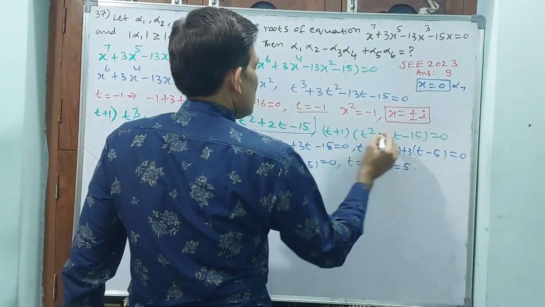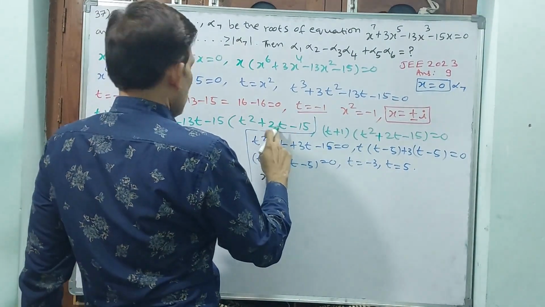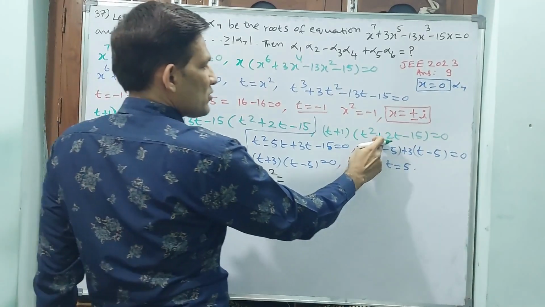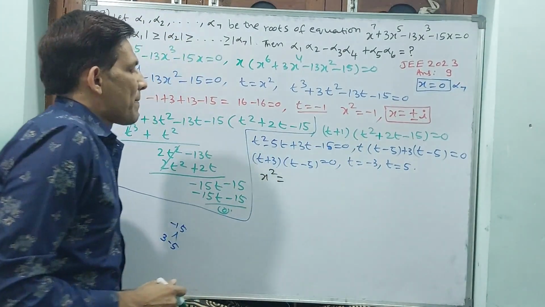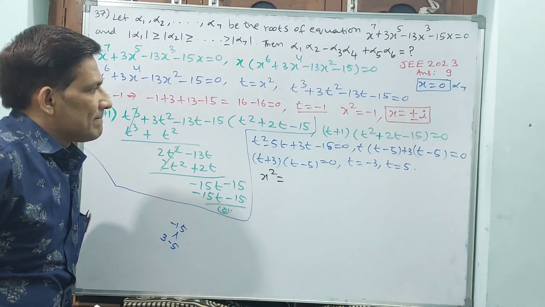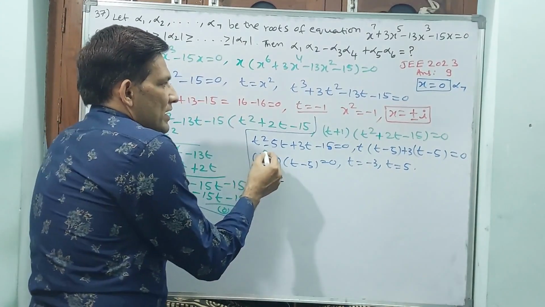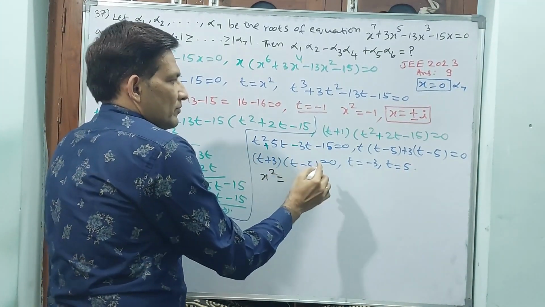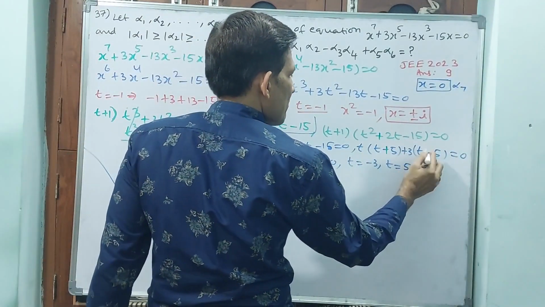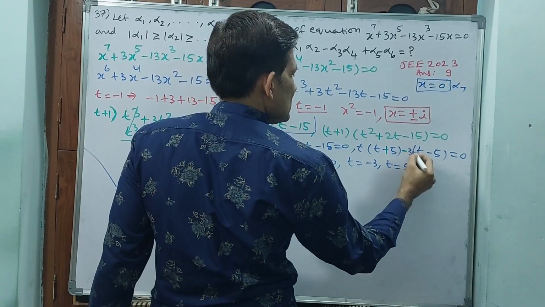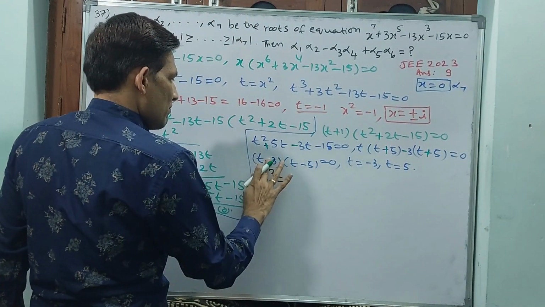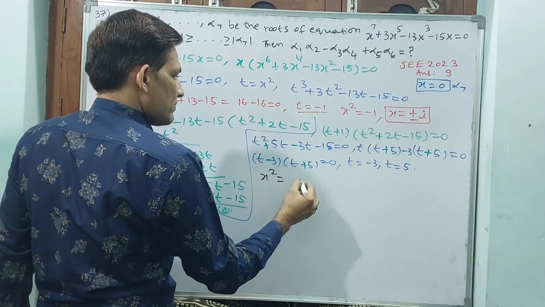Okay. See, 2t plus is there. Afterwards minus has to come. Plus 2 means this equation is going to change. Okay. Then I think t square plus 5, 15 minus 3t has to come. Okay, that means plus 5 minus 3. That means, see, minus 3 plus 5.